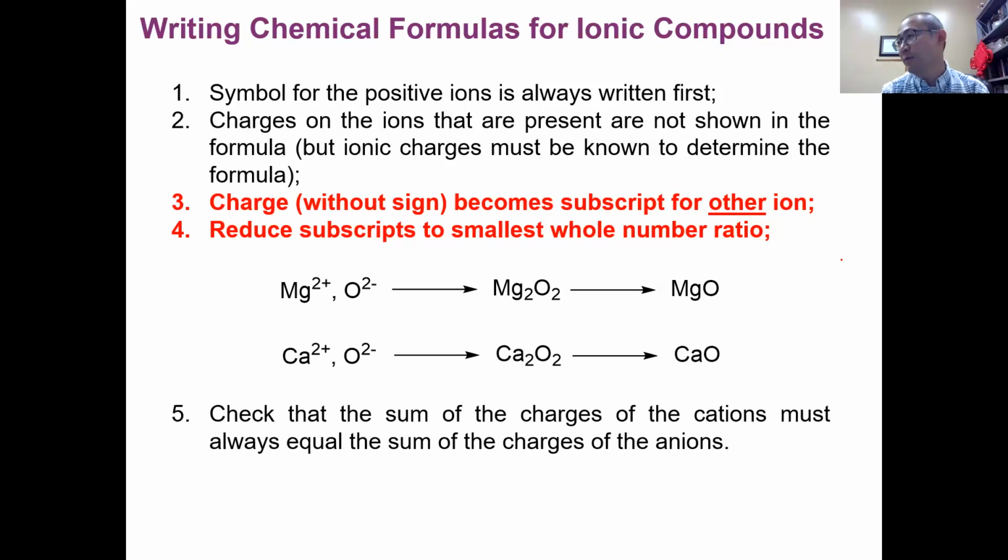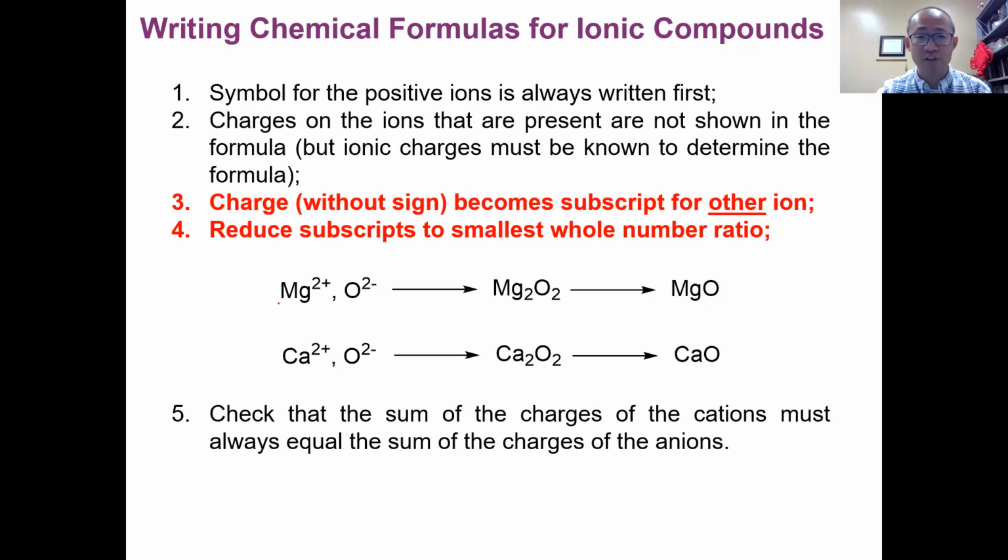How do we write a formula? First step is you write the symbol of both metal and non-metal. Of course, the metal comes first. Then you put the charge on the metal and non-metal in a discreet way, like use a pencil to put the charge.